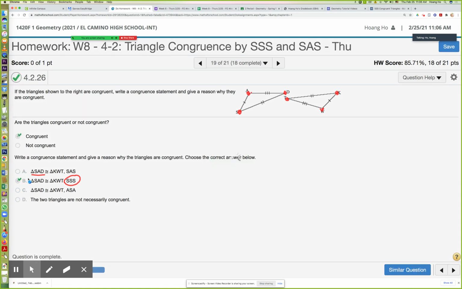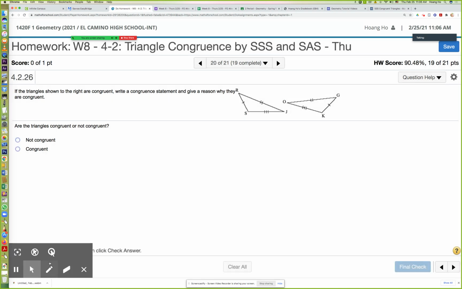SSS. All right, question 20. Same thing. I can see the three pairs of sides congruent. They do one mark right here, two mark right here, and then three mark right here.